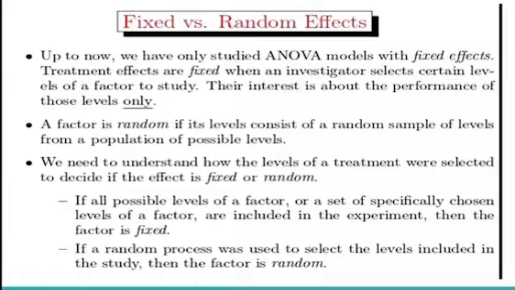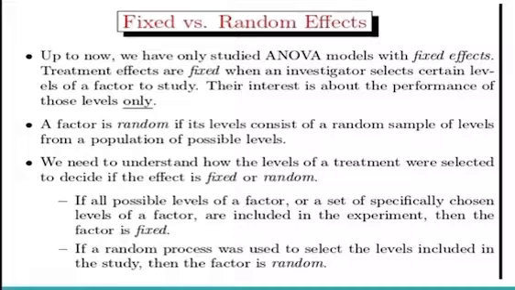So that is what I mean. Now, if you take a look at what I put on the board, I said up to now, we have only studied ANOVA models with fixed effects. Which means the ones we've been working with, whether the one-way ANOVA, two-way ANOVA, or three-way ANOVA, everything that we have done before today, I'm referring to as fixed effect models.